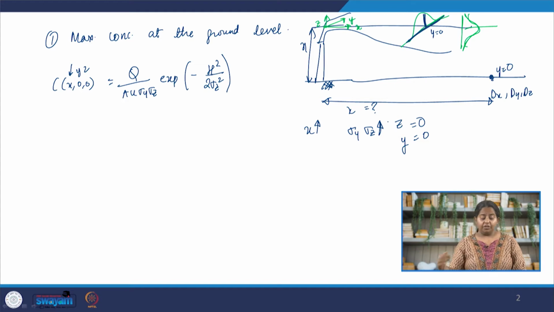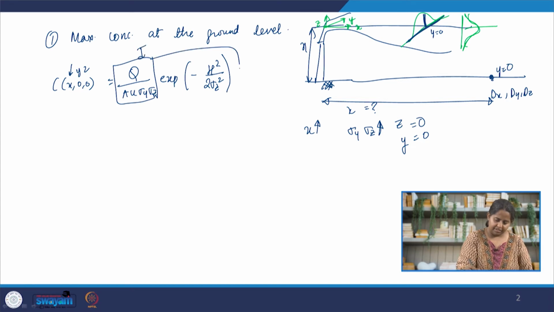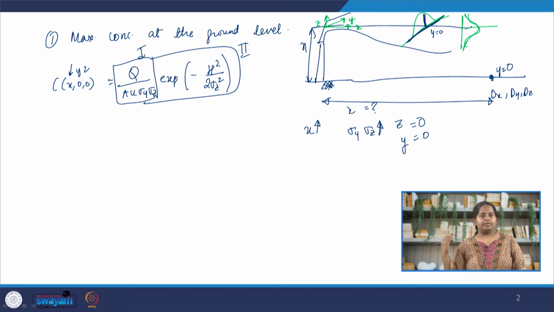Which means if we look at our model that we have right now, we have two terms here, two factors. This is factor 1 and this is factor 2. As x increases, sigma y, sigma z is increasing, which means the denominator of factor 1 is increasing. So, factor 1 is decreasing. In factor 2, the denominator of the negative exponential is increasing, which means the whole factor 2 is rapidly increasing.